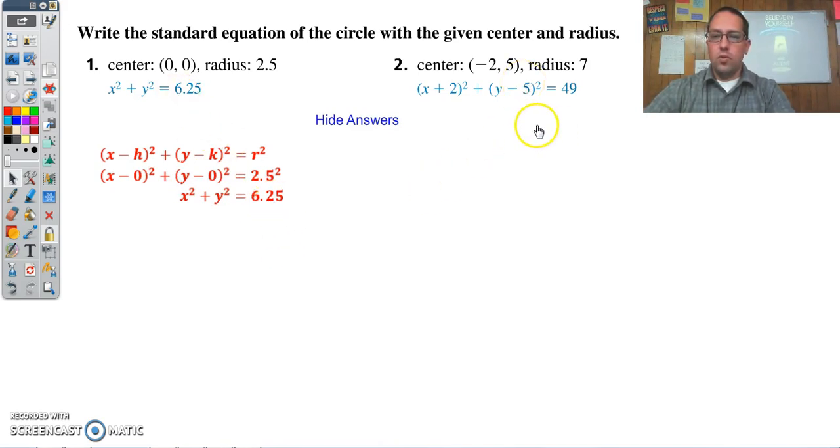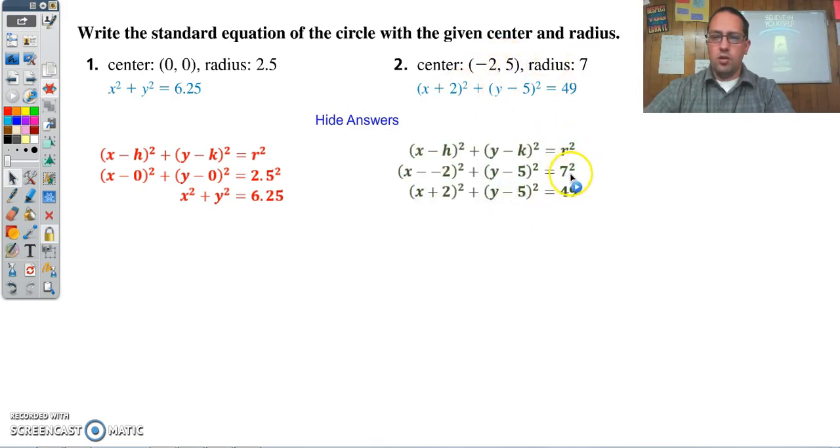On number 2, this gets plugged in for the center, which you can see there. 7 gets plugged in for the r, so we're going to square that. Now remember, this is positive because it's a negative there, and it's minus h. Basically, anything in parentheses is going to look backwards. So this is negative, so it looks positive. This is positive, so it comes out looking negative. All right.